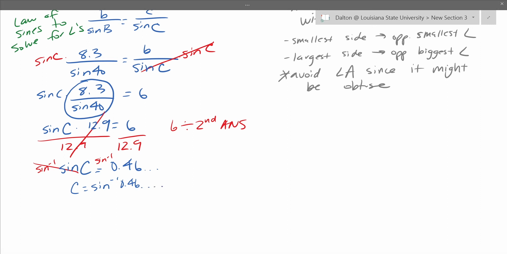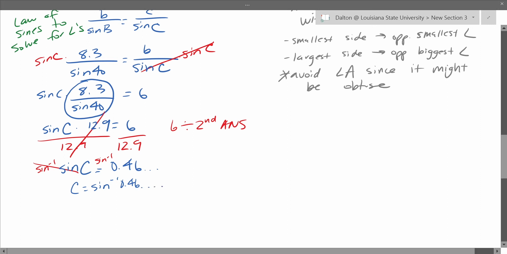Again, in your calculator, don't take the inverse sine of 0.46. Hit second sine, which will do the inverse sine, and then hit second answer, and it should input that long decimal for you as well. When you do that, you'll isolate C, and you should get that C is approximately 27.7 degrees.